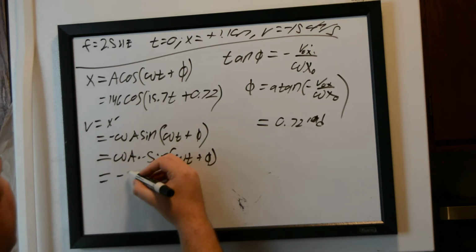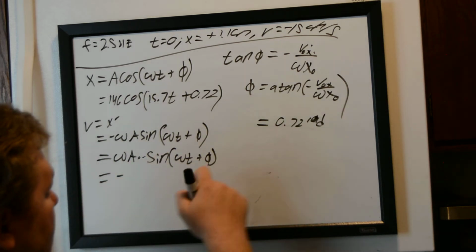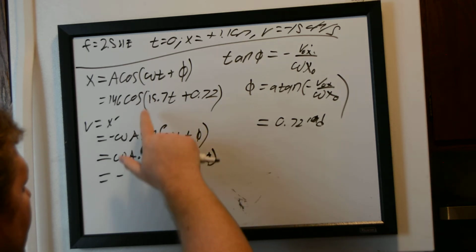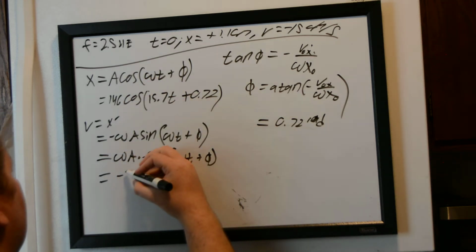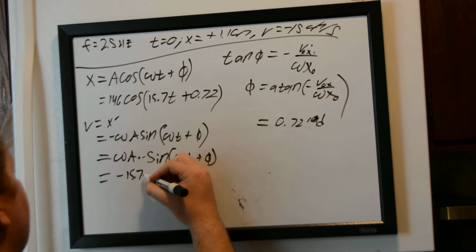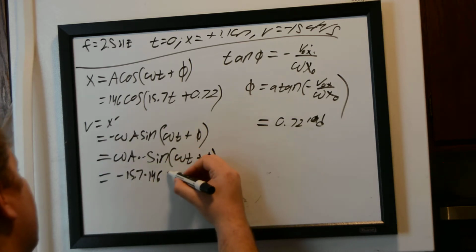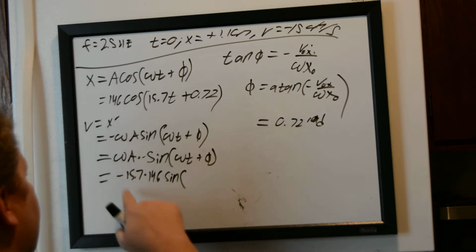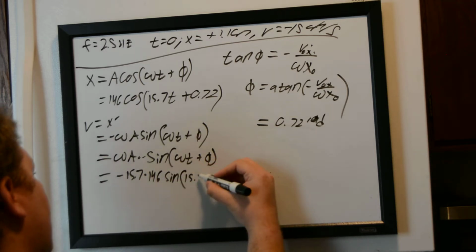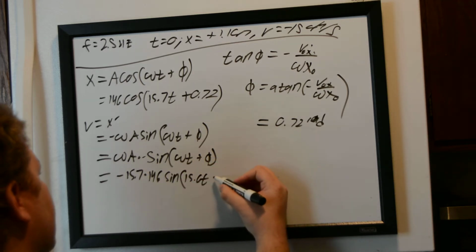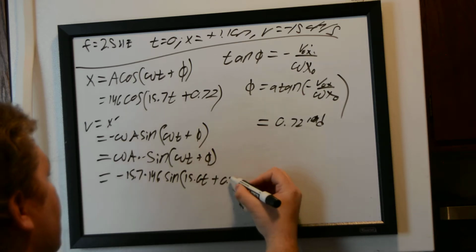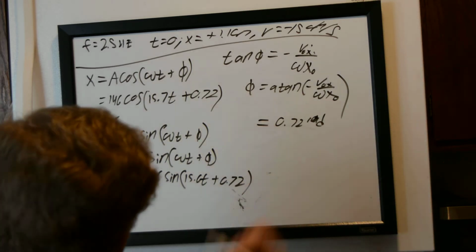We have our negative angular velocity here, which is 15.7, times our amplitude, which is 146, times sine of, again, our angular velocity times the time elapsed, plus our 0.72 radians.